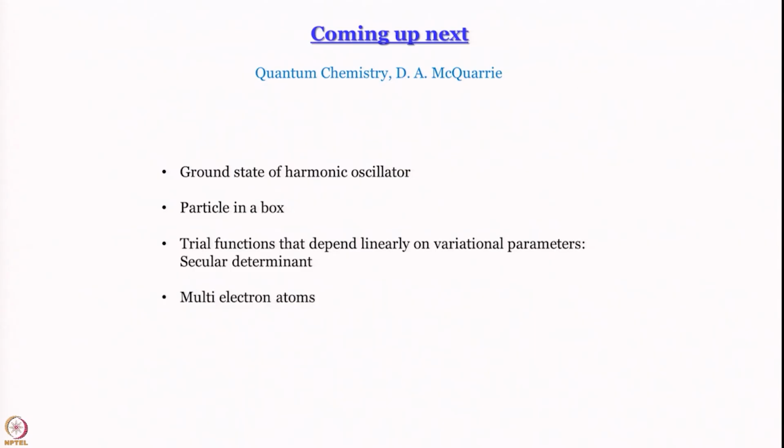And then finally we are going to use the variation method and also the perturbation method in multi-electron atoms, right. So all this is coming up in the next few modules.